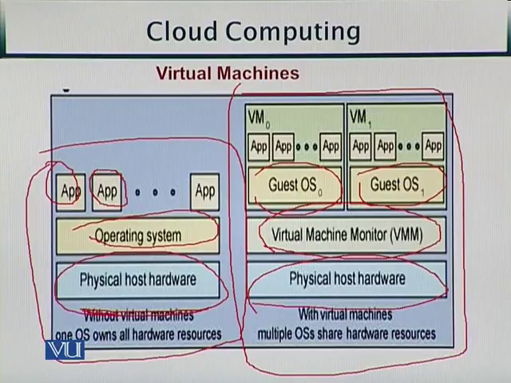So there are 2 different operating systems, and these operating systems have different applications: 1 to n applications on this machine, and 1 to n applications on the other. So at one time we can be running different operating systems on the same physical slots, and on the different operating systems we run multiple applications.